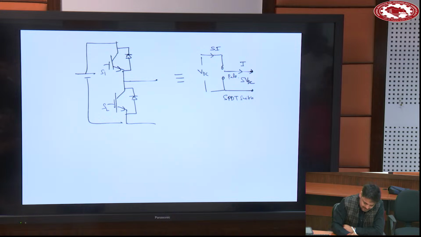So can't you model this SPDT switch like a controlled current and controlled voltage source?